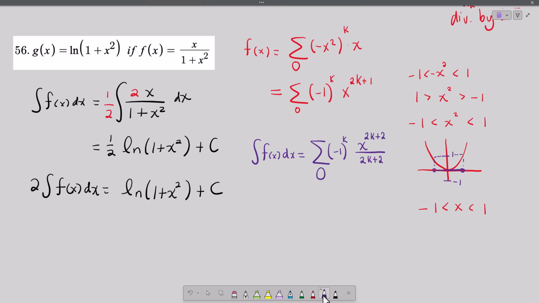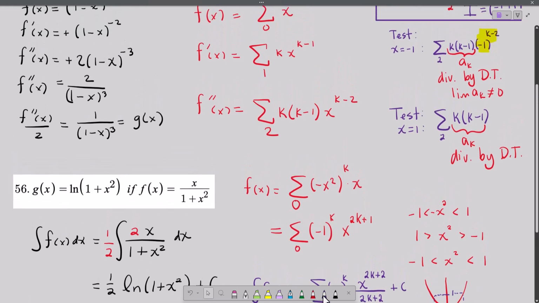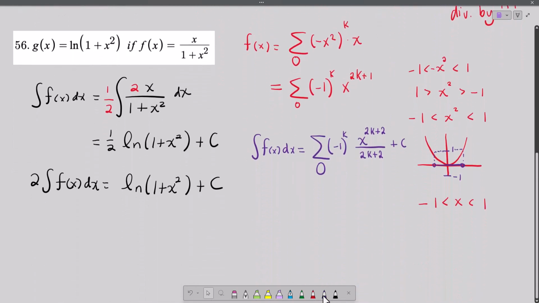Okay. Now, when you integrate, you get a plus c. So let's ask ourselves about the function and whether we can figure out what that constant of integration is. So we did this integration, we get a plus c. When we look at the function, if we look right here, this function right here, if you plug in 0, what is f of 0?